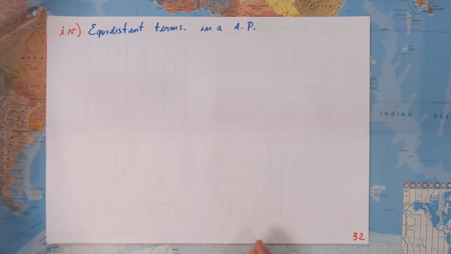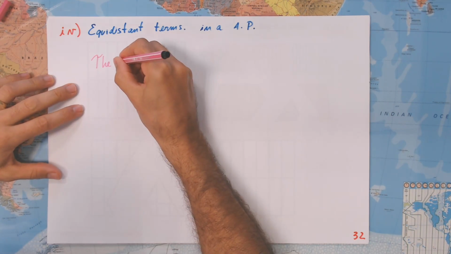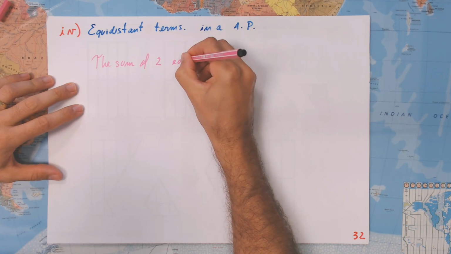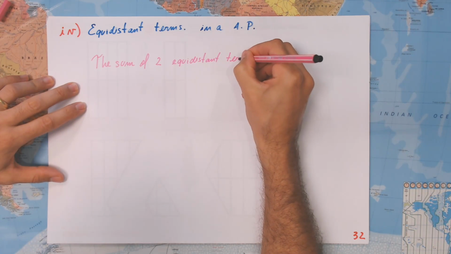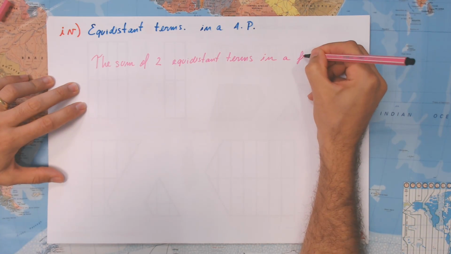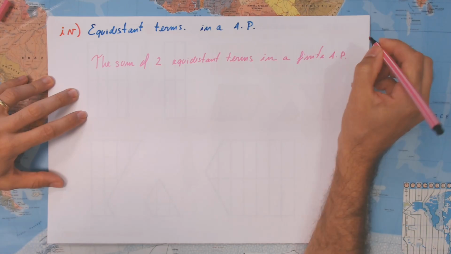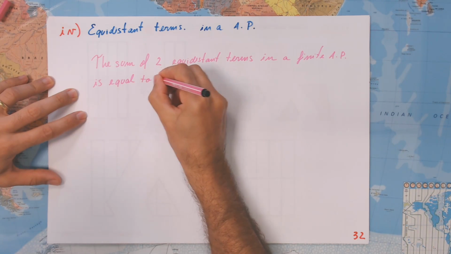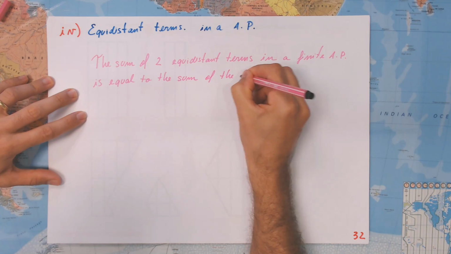And I'm going to write like this. The sum of two equidistant terms in a finite, of course it must be finite, arithmetic progression is equal to the sum of the extremes.